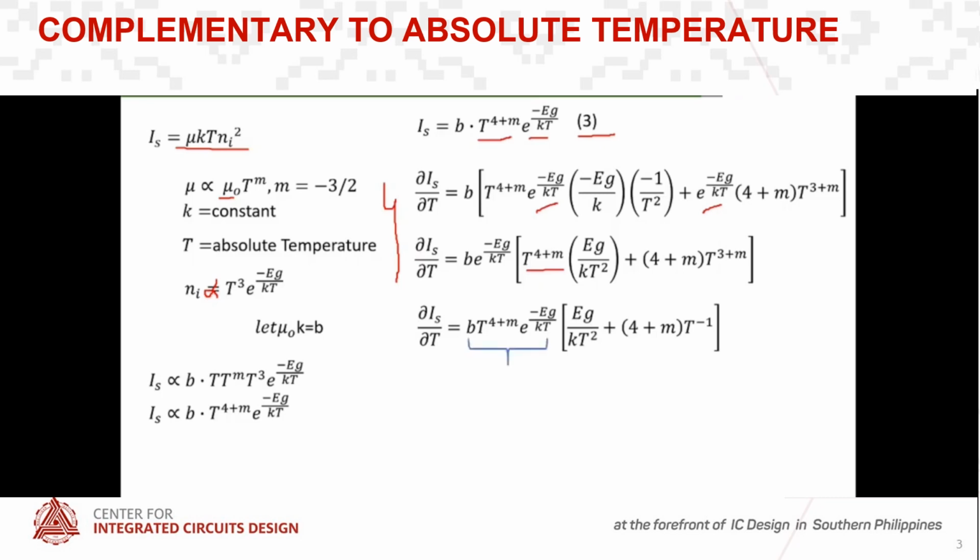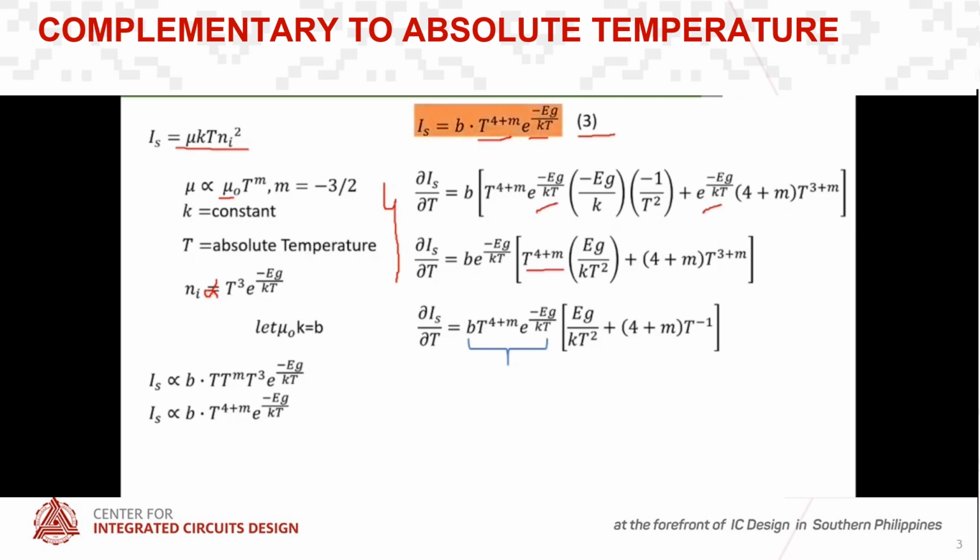As you can observe, the term b times T raised to 4 plus m, e raised to negative Eg over kT, is just the Is value. So with that, let's substitute it again.